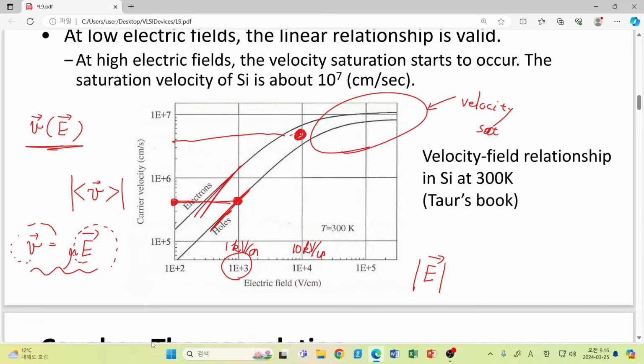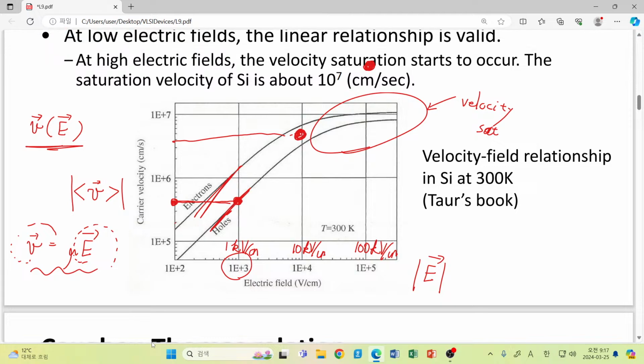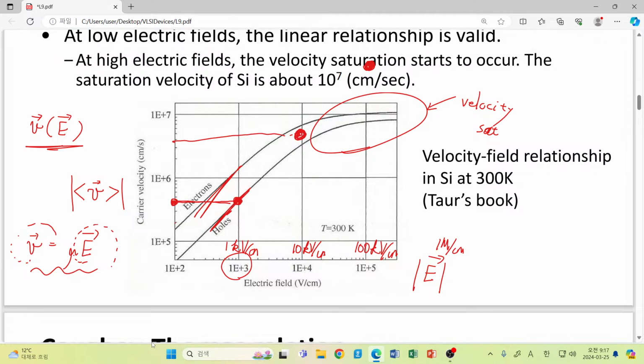Then how about this? If we go to 100 kilovolt per centimeter, what we can expect is now it is also 10 times higher velocity. And if we go to 1 megavolt per centimeter, it goes another 10 times higher velocity.